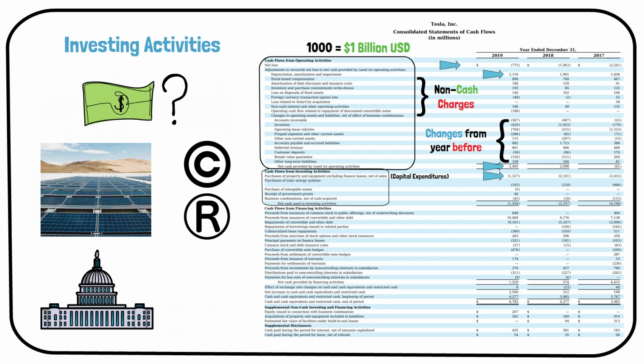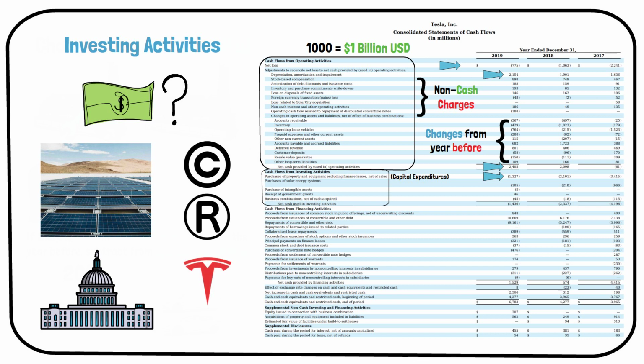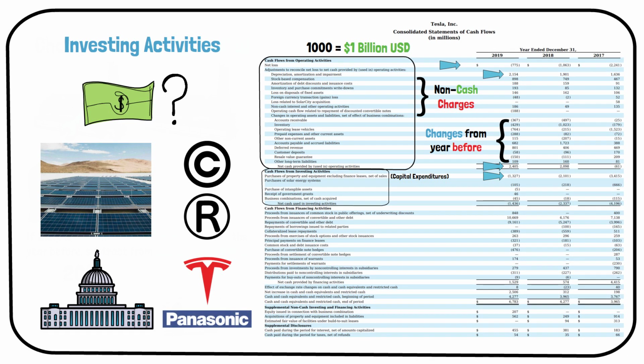The investments in business combinations are the amount of cash Tesla invested in Tesla's part of an investment with another business. For example, Tesla and Panasonic invest in some factories and equipment together, so $45 million could be part of Tesla's contribution in 2019.